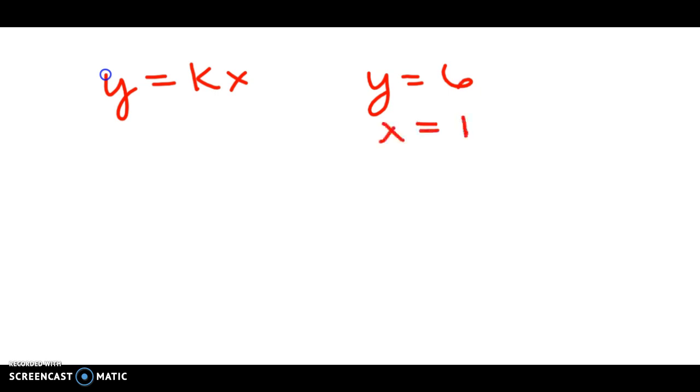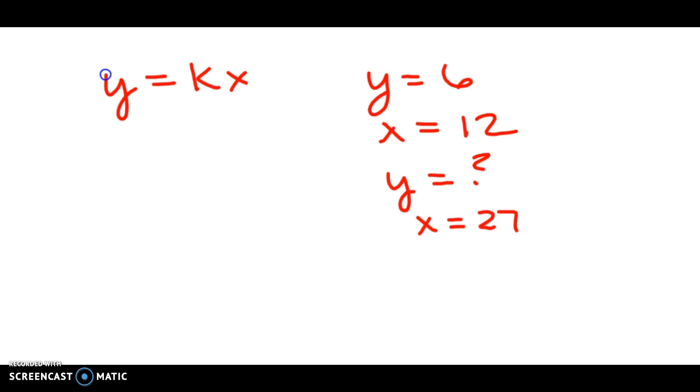Example 3 wants us to write and solve direct variation equations, and it says the value of y varies directly with x. So what we know to begin with is that we have a function in the form y equals kx. It says y equals 6 when x equals 12, and we want to find y when x equals 27. The first thing we need to do is come up with our function.